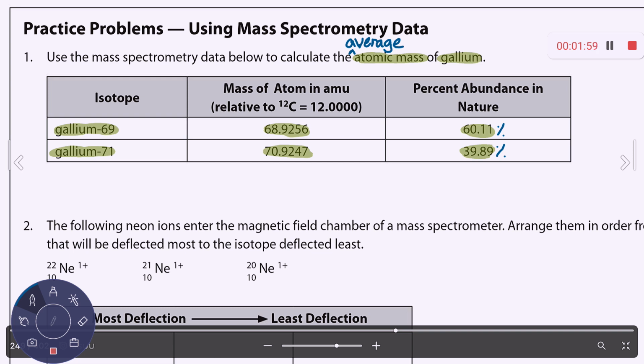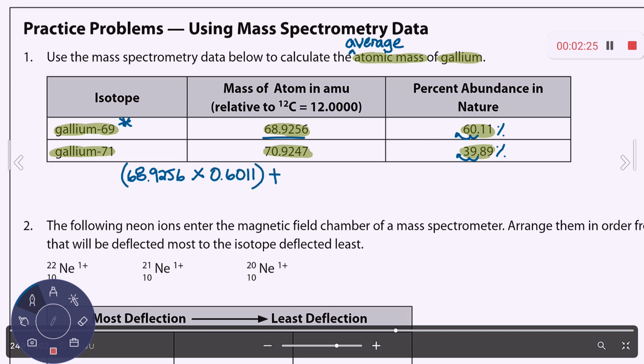These are in percent, so before I use them, I have to move the decimal over 2 places to the left, and then we will use them in decimal form. I'm going to take gallium-69 and its mass, 68.9256, and multiply it by its percent abundance as a decimal, 0.6011.